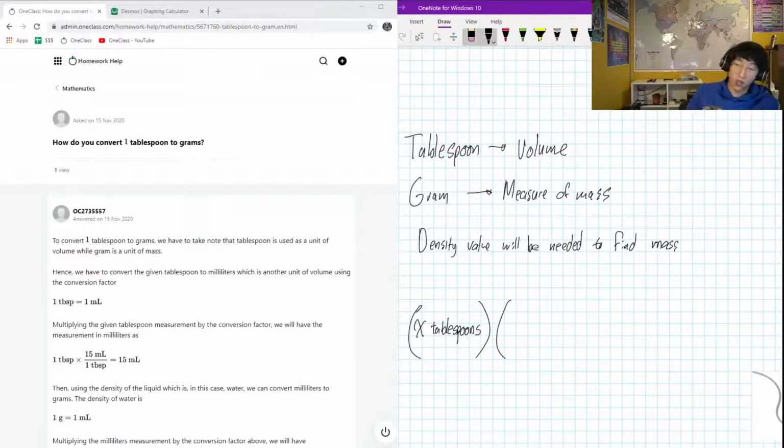It's just going to be a long multiplication, and we're going to cancel out our units as we proceed. So our tablespoons will be multiplied by how many? Let's convert to milliliters, because that is a more convenient way to think about volume. So here we have 15 milliliters in 1 tablespoon.